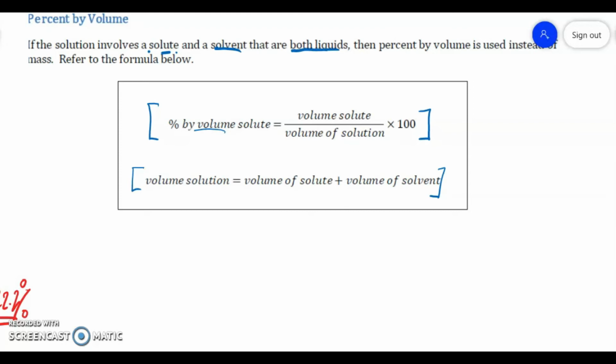A sample problem would be, let's say, 50 grams of ethanol alcohol, C2H5OH. This compound should be in liquid phase.